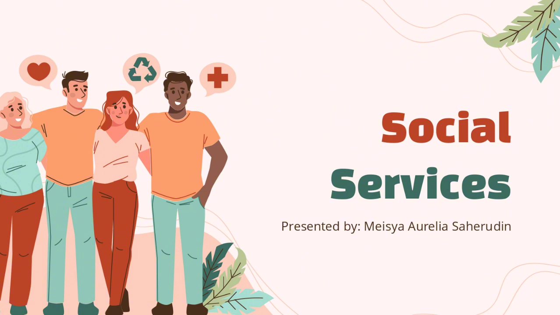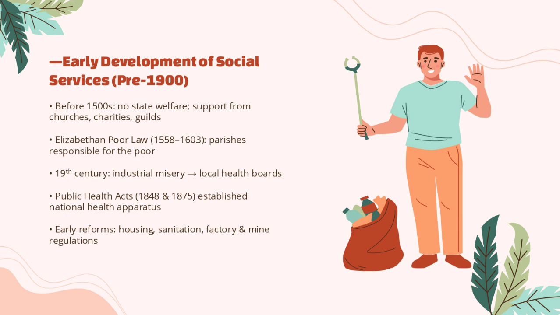The first thing is history: early development of social services. Before 1500, there was no state welfare, only support from church, charity, and guilds. The Elizabethan Poor Law from 1558 to 1603 made the parish responsible for the poor.